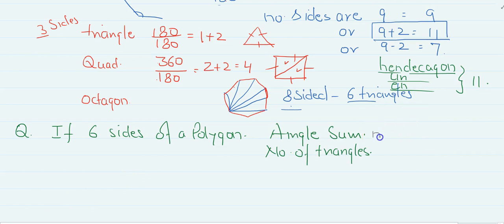Formula for angle sum is n minus 2 multiplied by 180. So that is 6 minus 2 multiplied by 180, which is equal to 4 multiplied by 180.